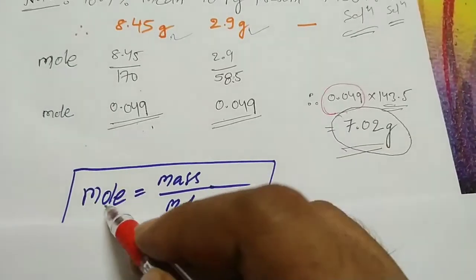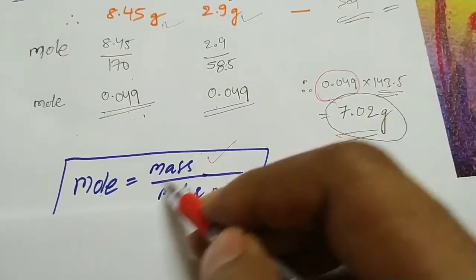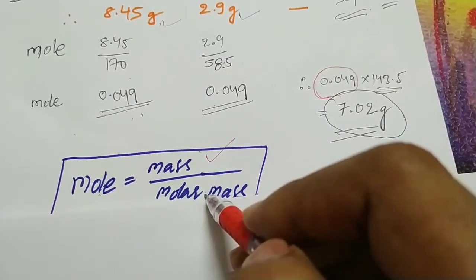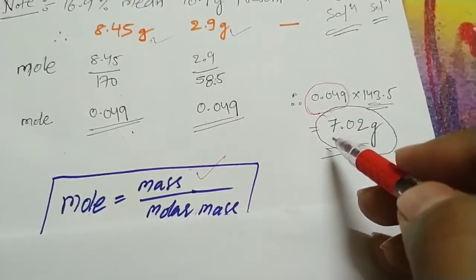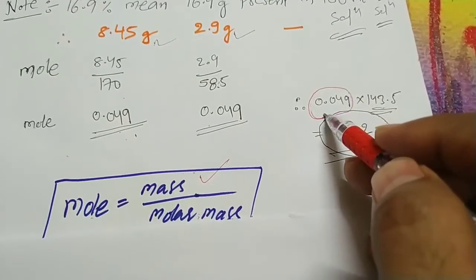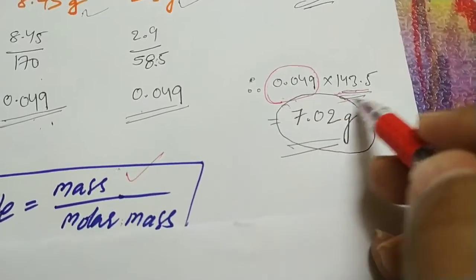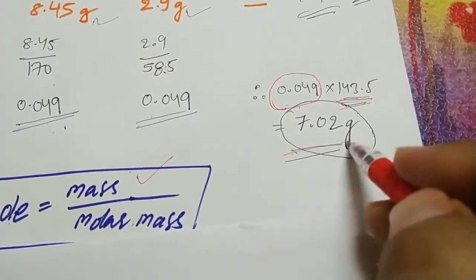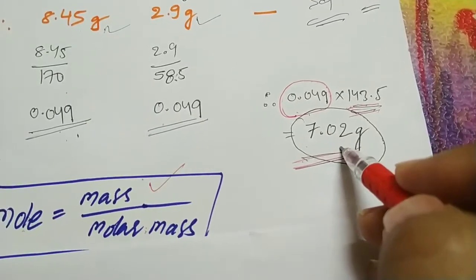See, mole equals mass by molar mass. If you want the mass, just mole into molar mass. Now here we need the mass, so number of moles into molar mass of 143.5. Then we are getting around 7.02 grams.